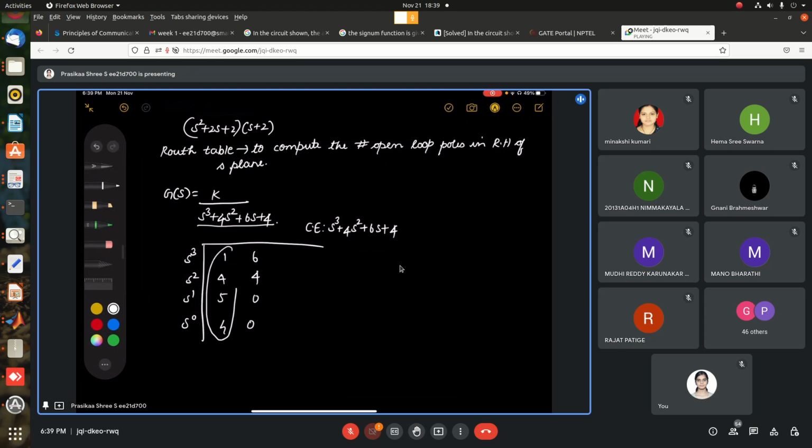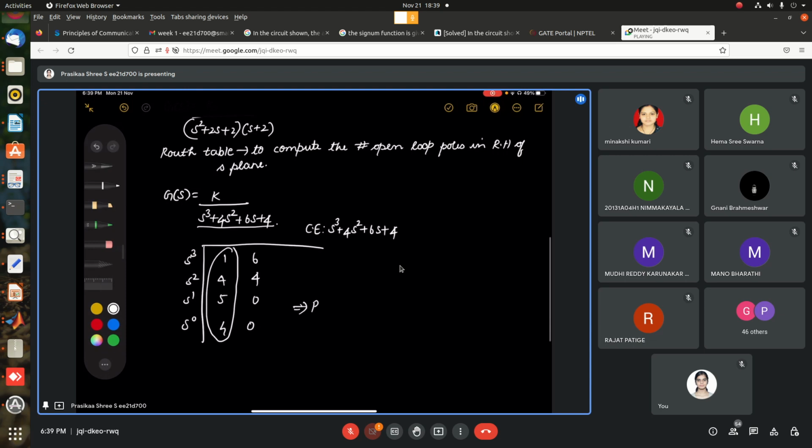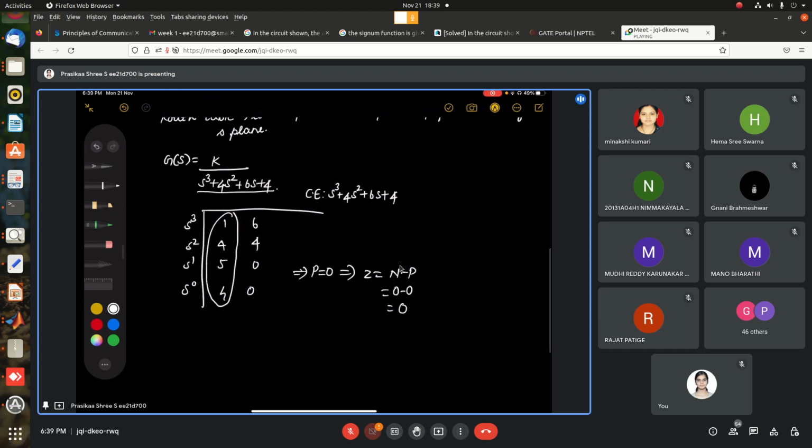There are no sign changes in the first column, which implies P is equal to 0. Therefore, Z is equal to P minus N. N is also equal to 0, P is also equal to 0. So Z is equal to 0, which implies there are 0 closed loop poles in the right half of S plane. So 0 closed loop poles means the closed loop transfer function is stable. So this is stable.